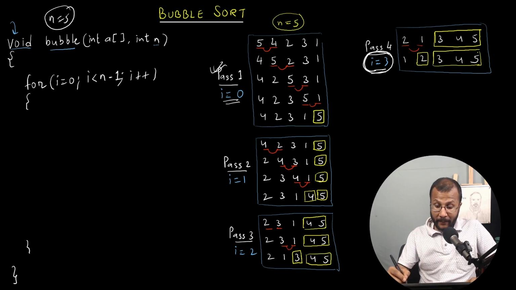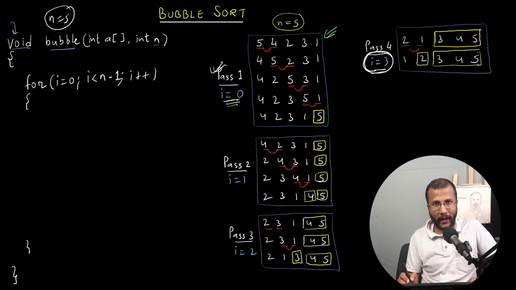Now once I am inside each pass, let's say I am at pass I equals to 0, that is pass 1, I'll have to do the comparison and swapping if required. Now let's note down how many comparisons I am doing in pass 1. In pass 1, I am doing 1, 2, 3, 4 comparisons. I am doing 4 comparisons in pass 1. I am doing 3 comparisons in pass 2.